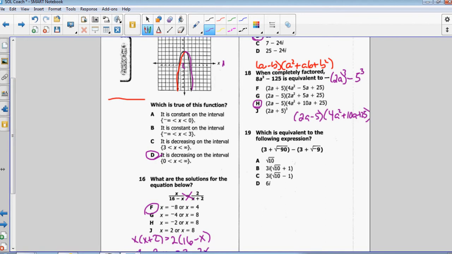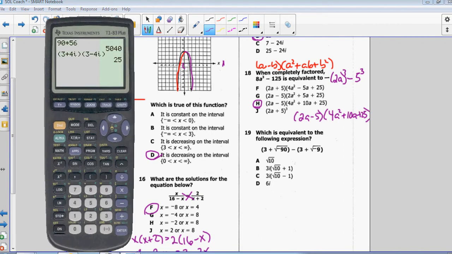Okay, 19. This is actually another good problem once you're in A plus BI mode to try to type on your calculator. Although it won't give you the square root of 10, it's going to give you a decimal there. But still, I feel like you're going to get something that's going to be recognizable. So let's give it a chance. In the calculator, we're going to type parentheses 3 plus second square root, negative 90.